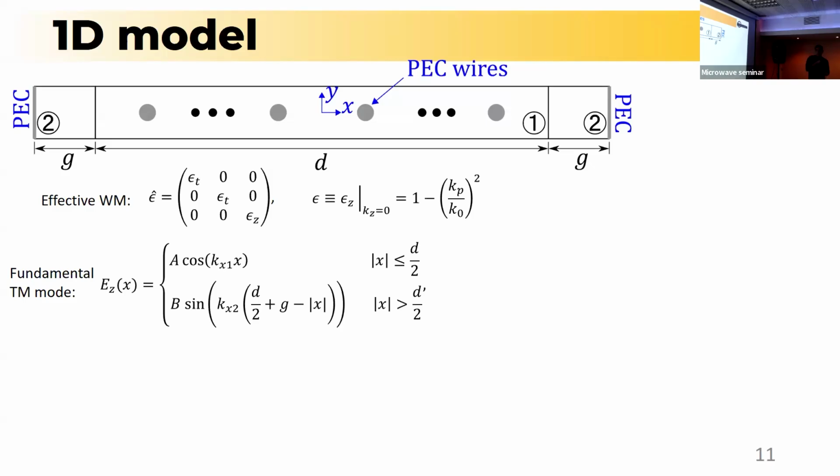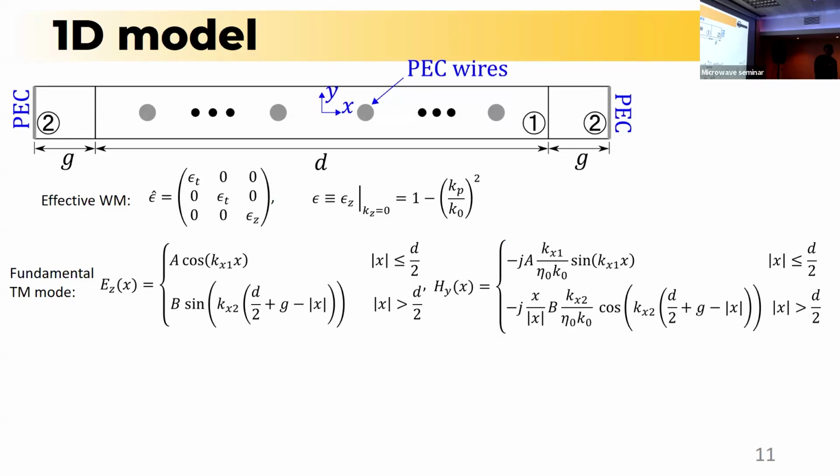And if we want to check the field inside of our cavity, we are going to have the fundamental behavior with this cosine for the core region or the wire media region. And to satisfy the boundary condition at the PEC, we have this sinusoidal dependence. We can check that when we evaluate our x at d half plus g, this sinusoidal argument will become 0. So our field will satisfy that boundary condition in the metal.